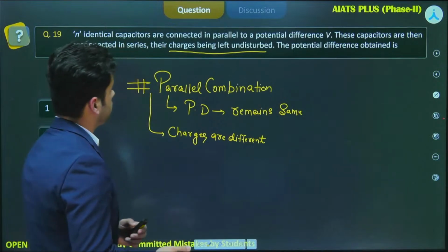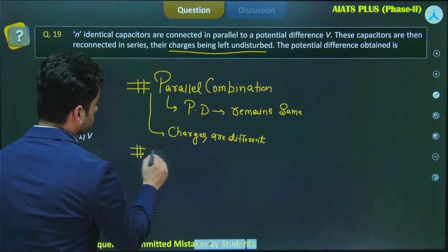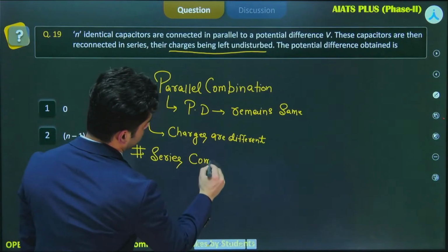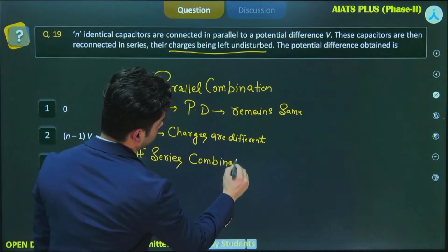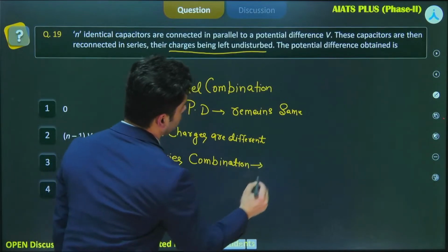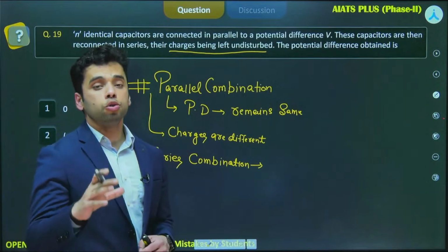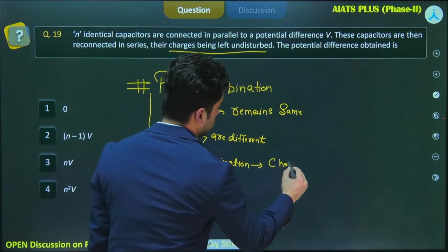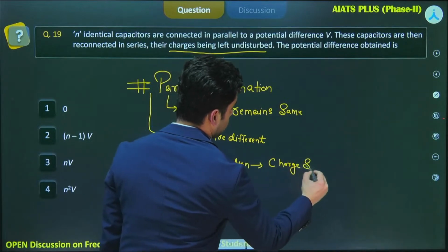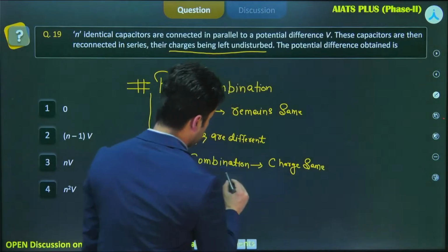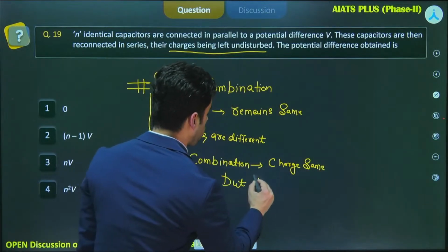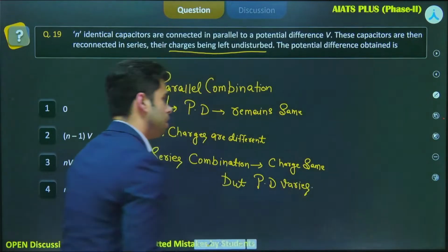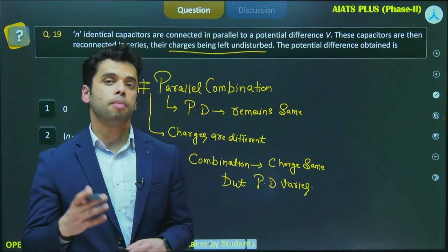Now we can also say that for series combination, the charge is going to remain same, but the potential difference is going to vary. Now these are some of the key concepts that you need to keep in mind while solving this problem.